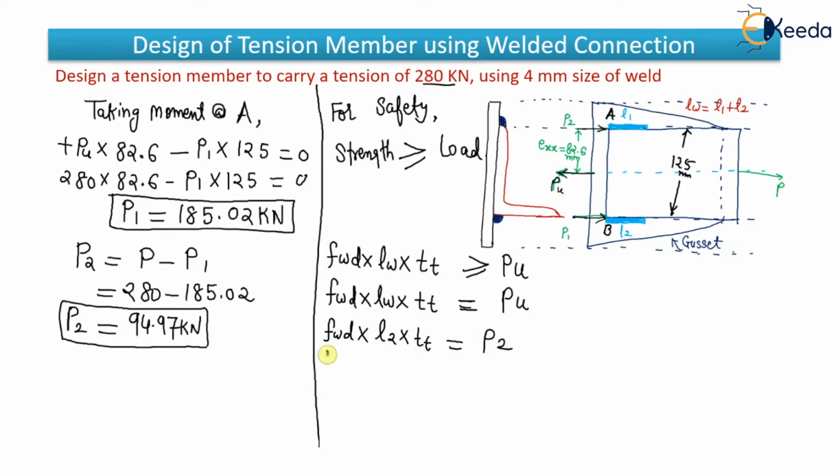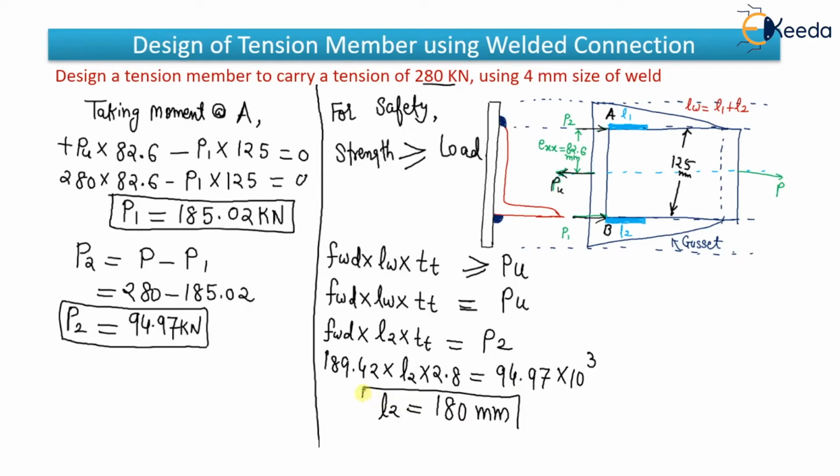FWD, we have calculated that, it is 189.42 into L2, which is unknown to us. TT we have calculated, it is 2.8. That will be equal to 94.97 into 10 raised to 3. Similarly, you can find out L2. After the calculations, it will come around 180 mm.